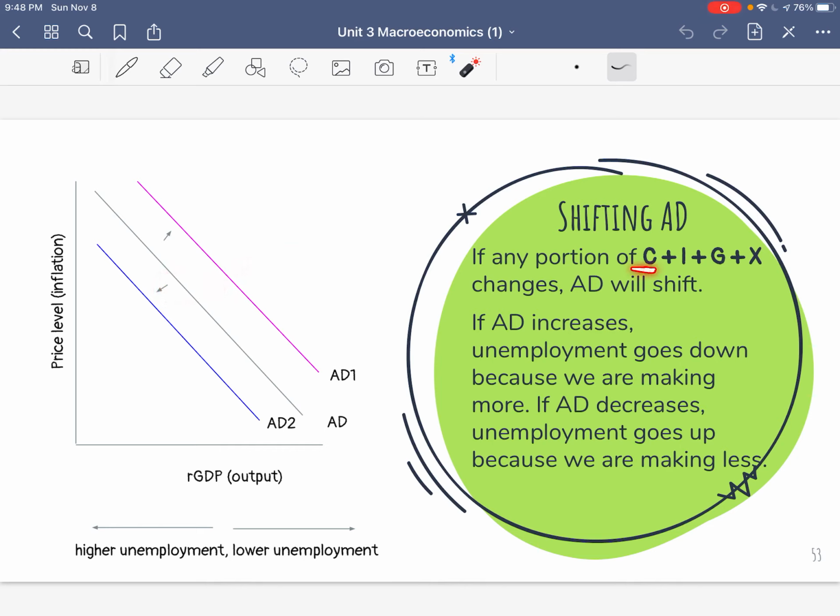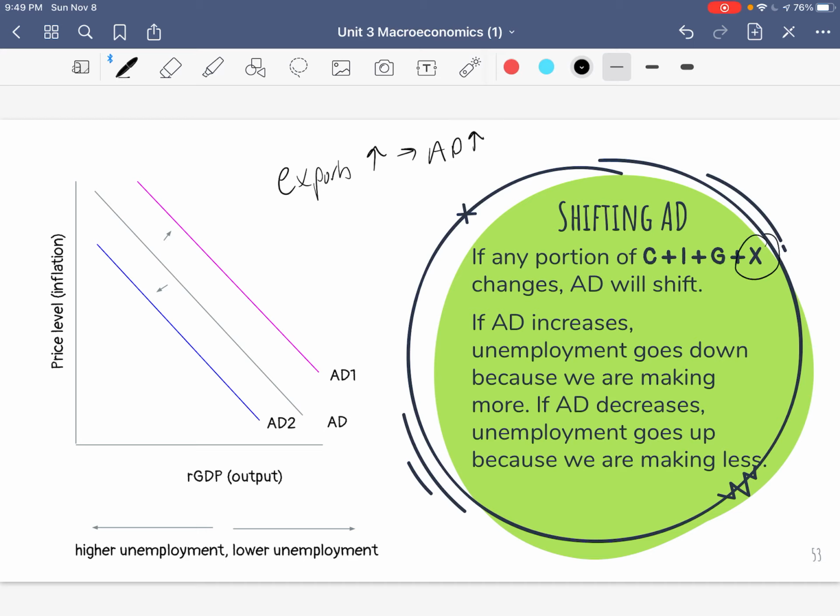So if consumer spending increases, AD increases. If consumer spending decreases, AD decreases. Same for investment, government spending, and imports or exports. Imports and exports is a little tricky though, because if exports increase, actually let me write this, and you write this too. If exports increase, that means AD increases.